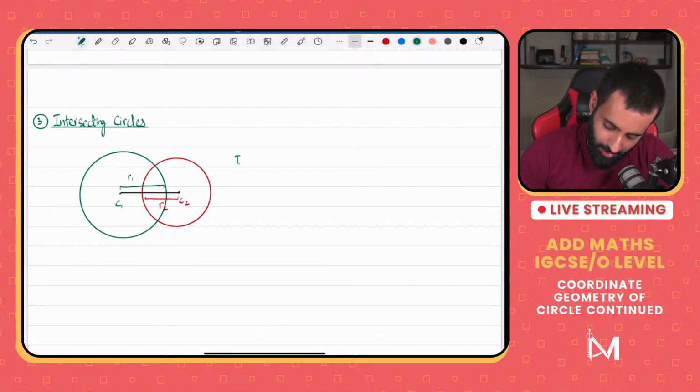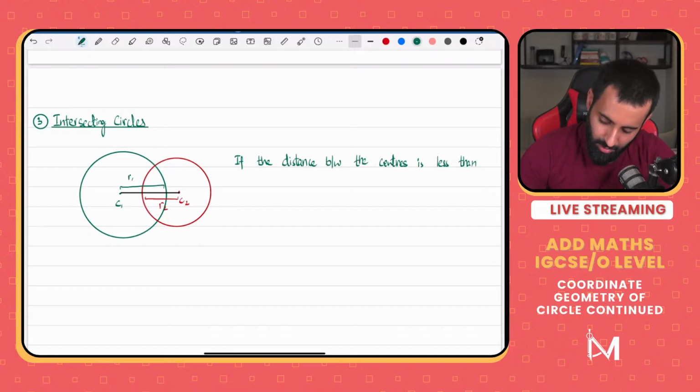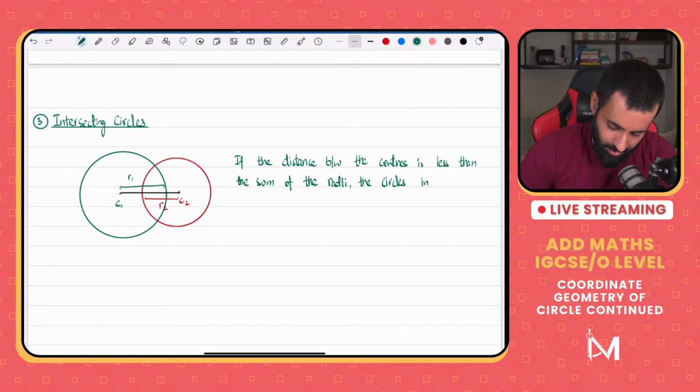So if the distance between the centers is less than the sum of the radii, the circles intersect.